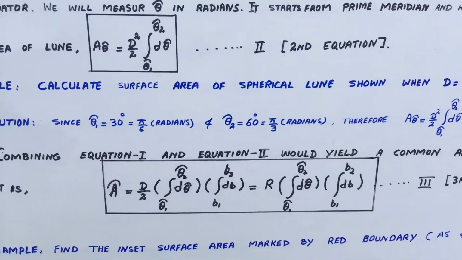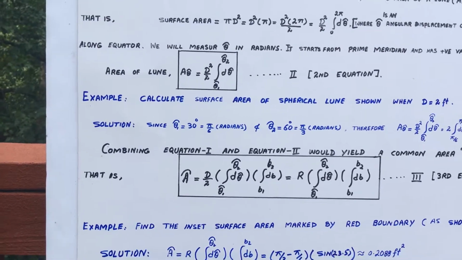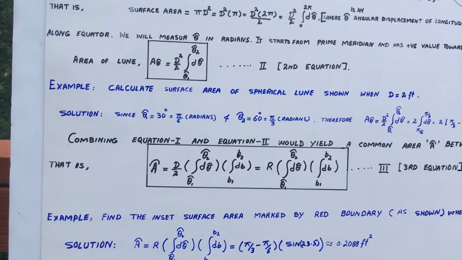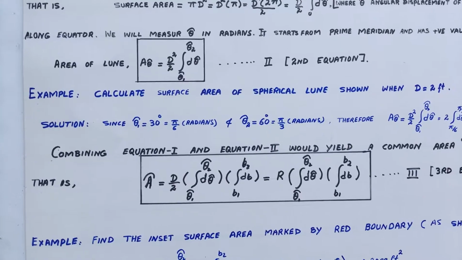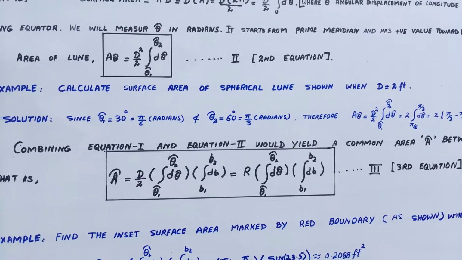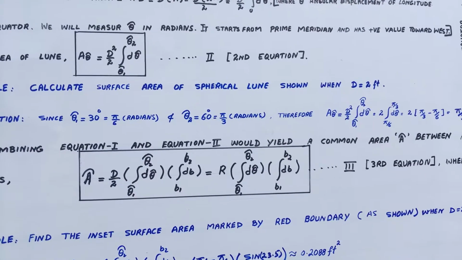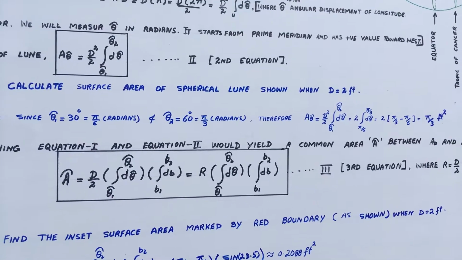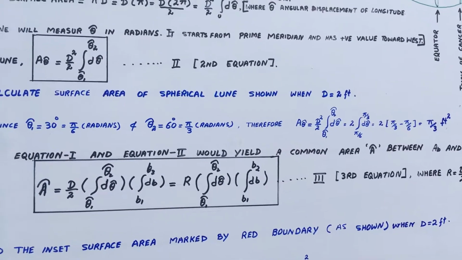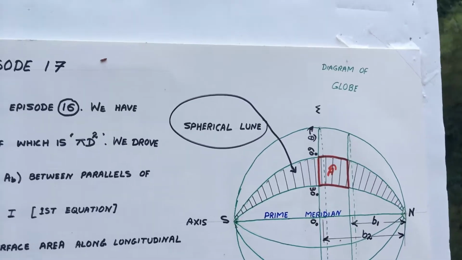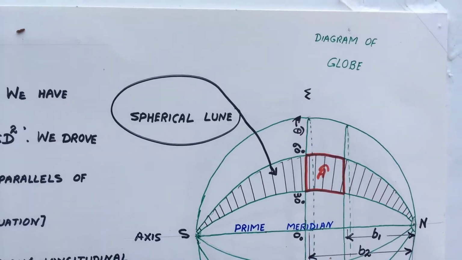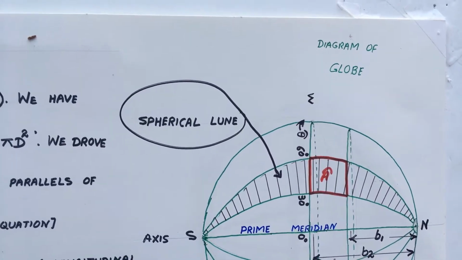Let's do an example to understand what this equation means. Calculate the surface area of the spherical lune shown when d is 2 foot. So this is the green spherical lune which we need to calculate the area of.